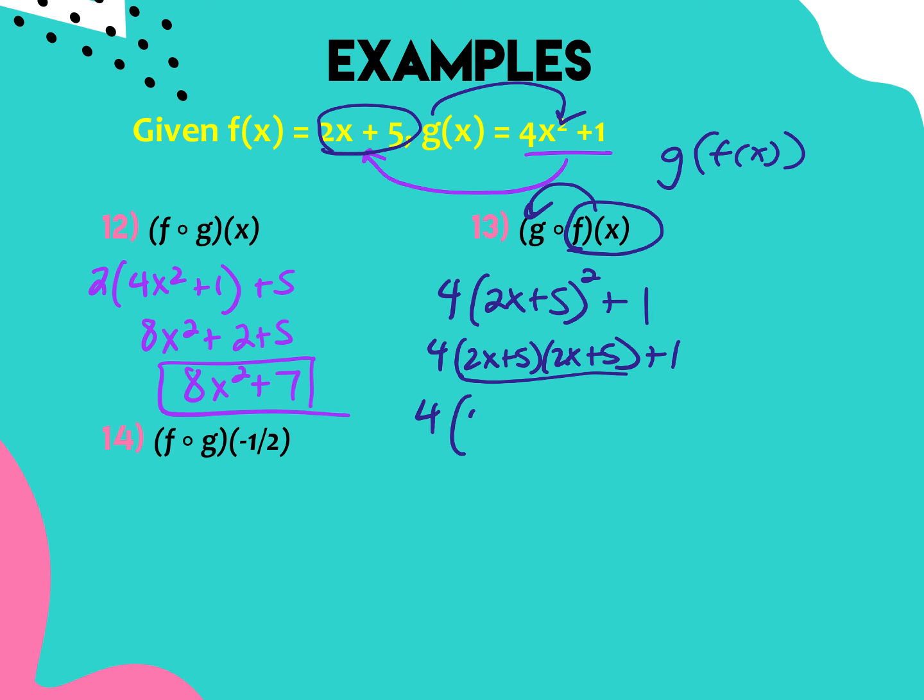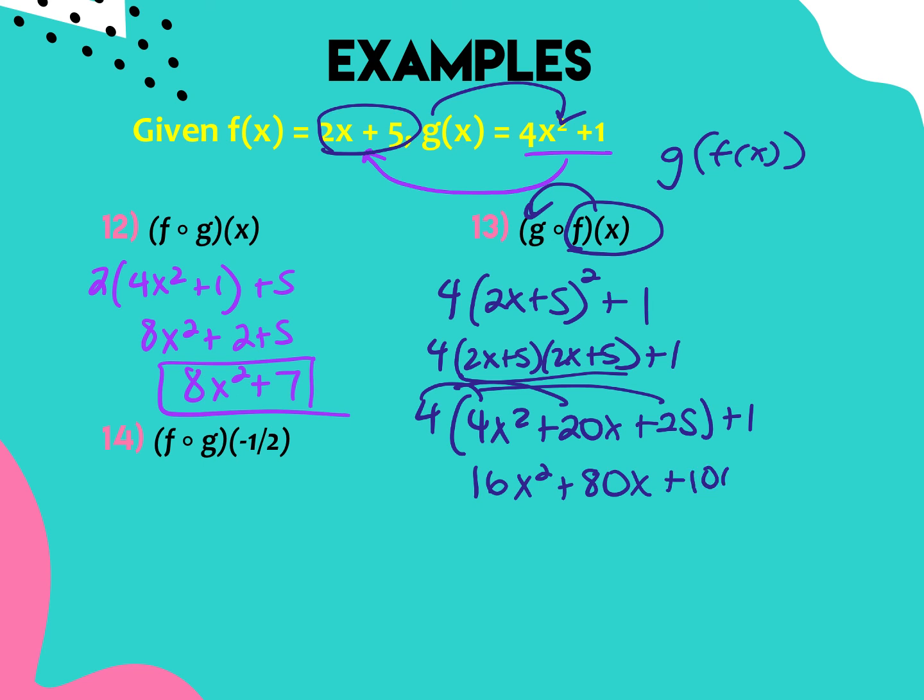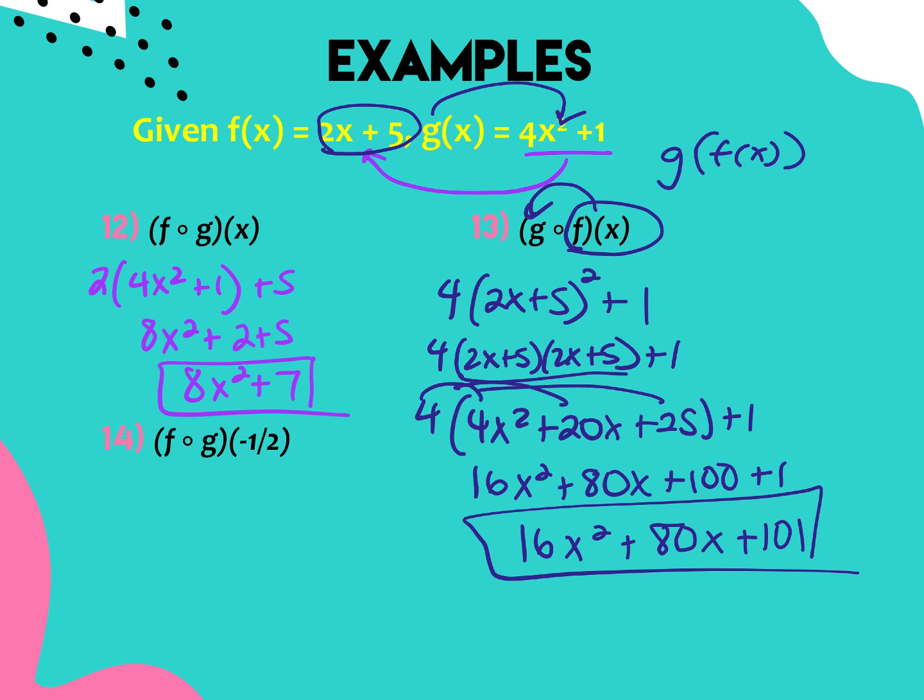I'd get 4x squared plus 20x plus 25 plus 1, and then distribute. 16x squared plus 80x plus 100 plus 1, 16x squared plus 80x plus 101. Questions on that one? Again, raise your hand if you got it right. Okay, perfect. Good job, guys.